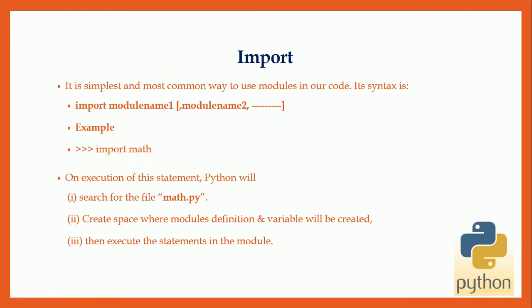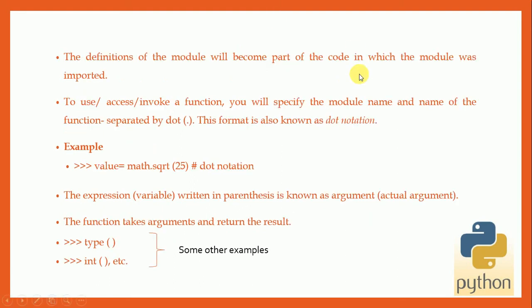Then in that math module we have a function, that is square root, math dot square root. This is the module name and this is the function name. Within that module we are invoking or accessing that particular function only.